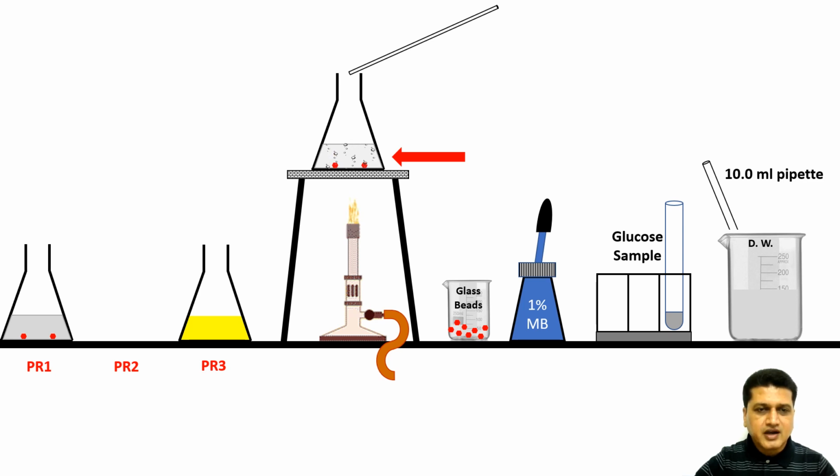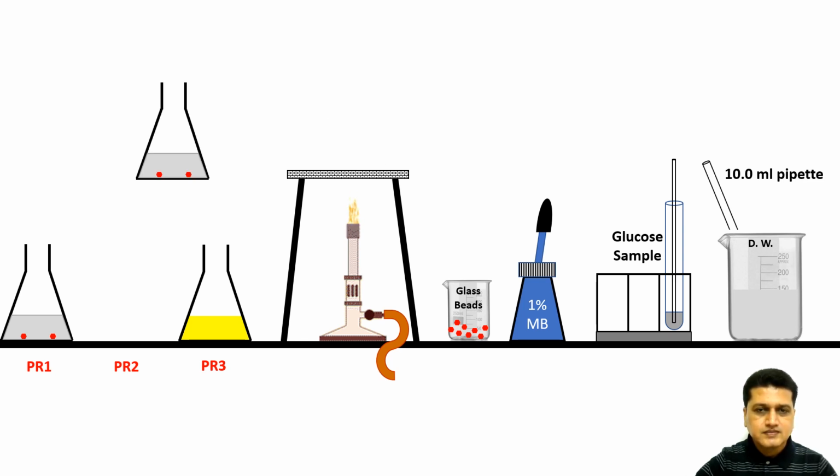This is the end point of titration. Note down the volume of glucose solution required to get the end point and record this as pilot reading 2. Thus, procedure of taking pilot reading 2 is over.